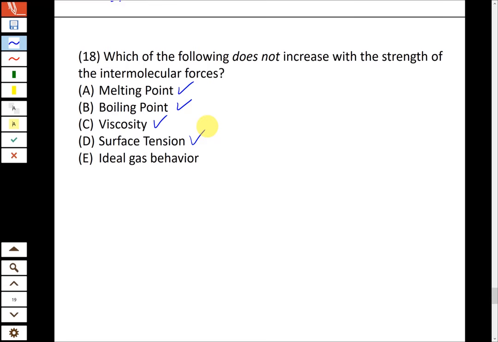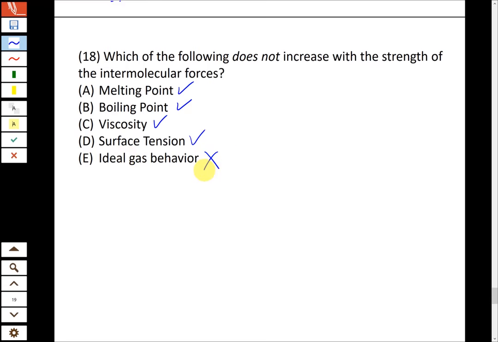The last one, though, which is ideal gas behavior, this kind of combines, again, Chapter 8 and Chapter 9 concepts. For ideal gas behavior, we assume that the gas molecules have no interactions, no IMFs at all. So if you make those IMFs stronger, that's going to make them behave less like an ideal gas and more like a liquid, or more like a real gas, if I can say it that way. So this one is going to be the only one that doesn't increase.